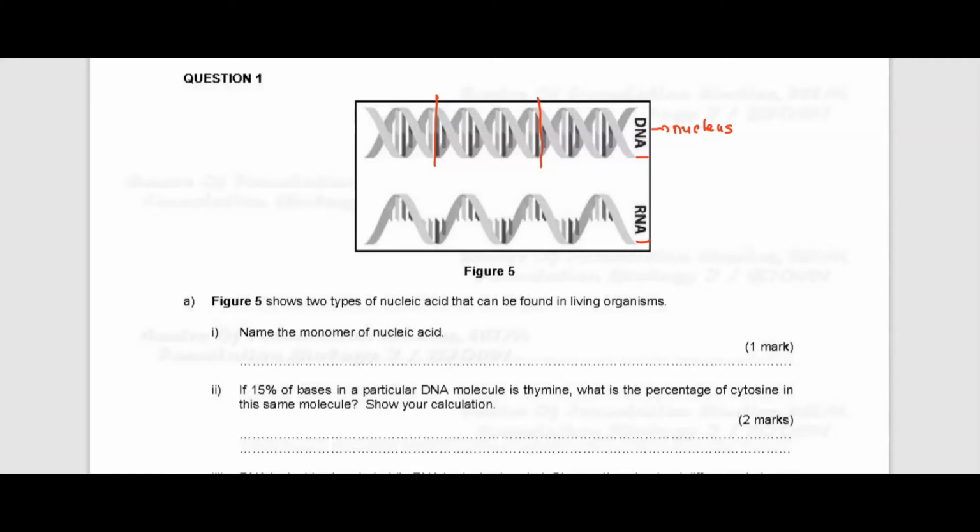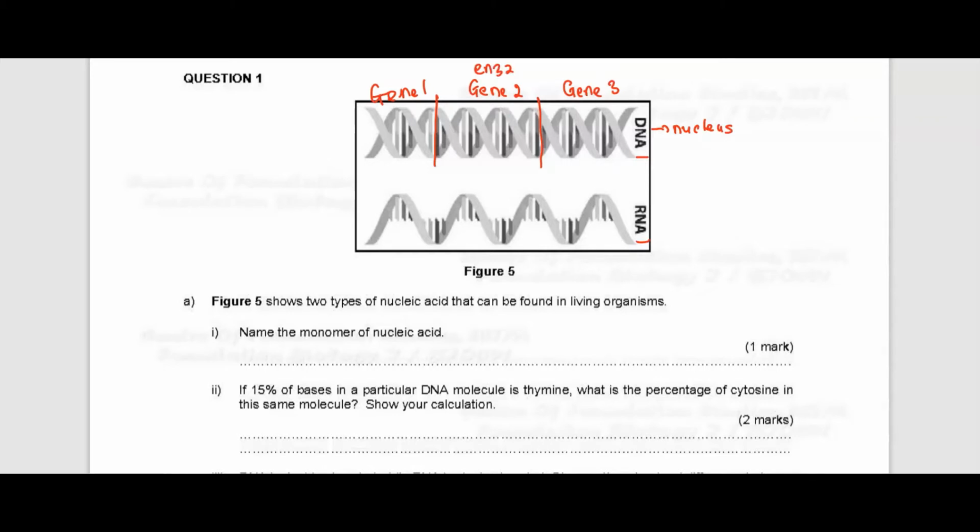Let's say for example, this segment here of the DNA molecule codes for gene 1, the second segment here is for gene 2, and the third segment here is for gene 3. Let's say gene 2 codes for the synthesis of enzyme 2, whatever enzyme it may be.